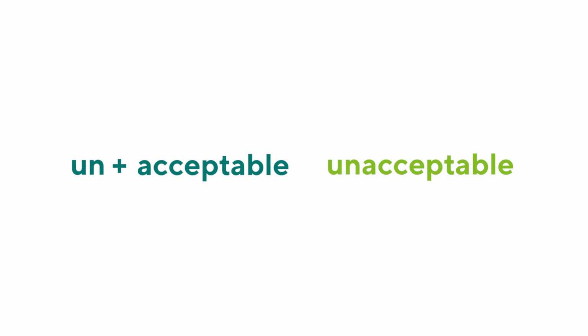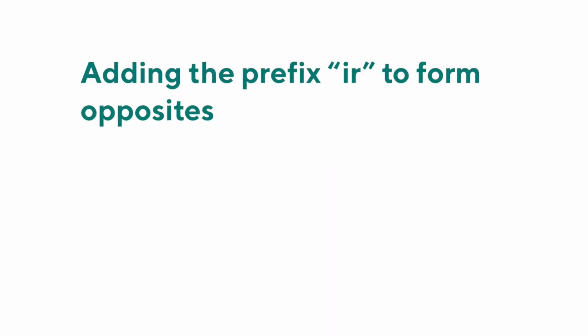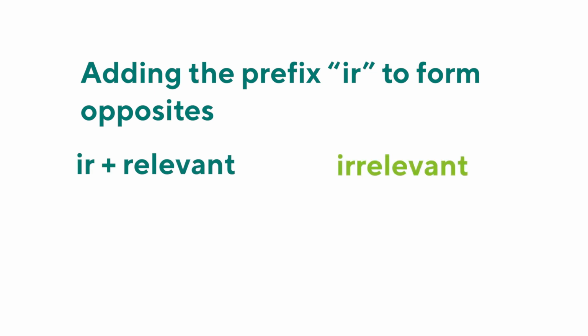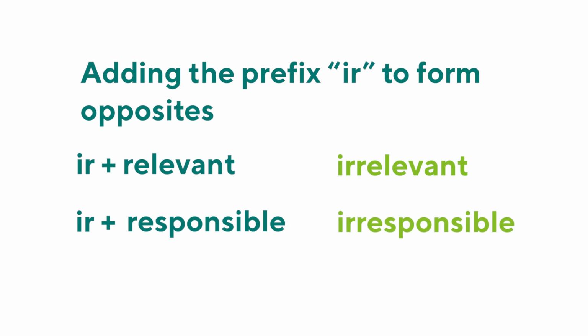Similarly, lucky. The opposite of lucky is unlucky. Another one, acceptable. Add un as a prefix and you get unacceptable. Another prefix you can use is ir. Examples, relevant becomes irrelevant, responsible becomes irresponsible.